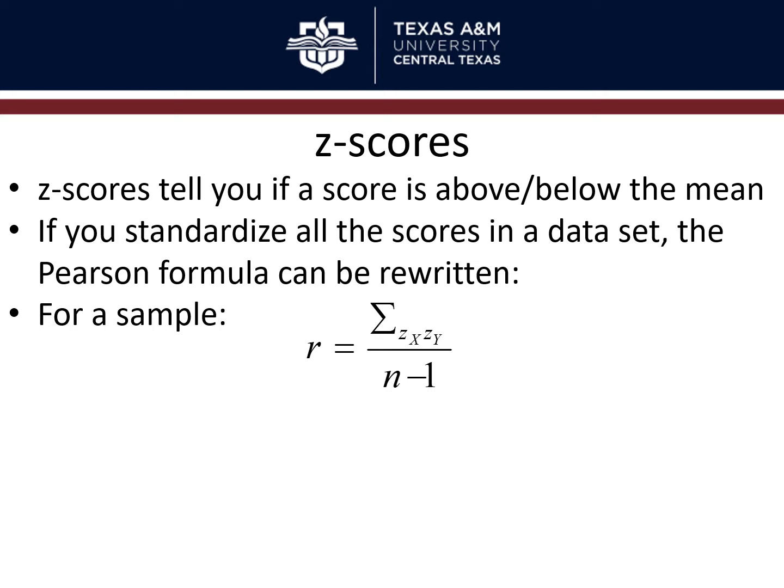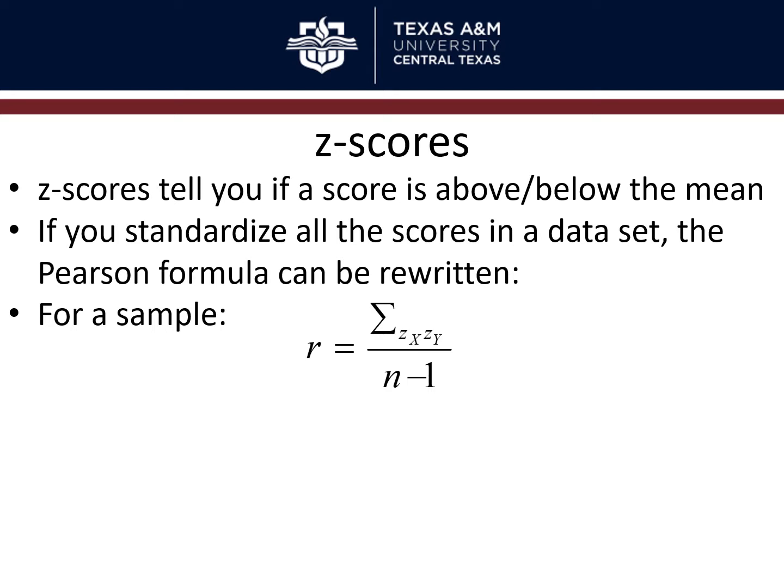Again, when you're summing up these z's, if you have a strong positive correlation, you're going to have positive z's for x, above the mean, associated with positive z's for y. And you're going to have negative z's for x, below the mean, associated with negative z's for y, below the mean.